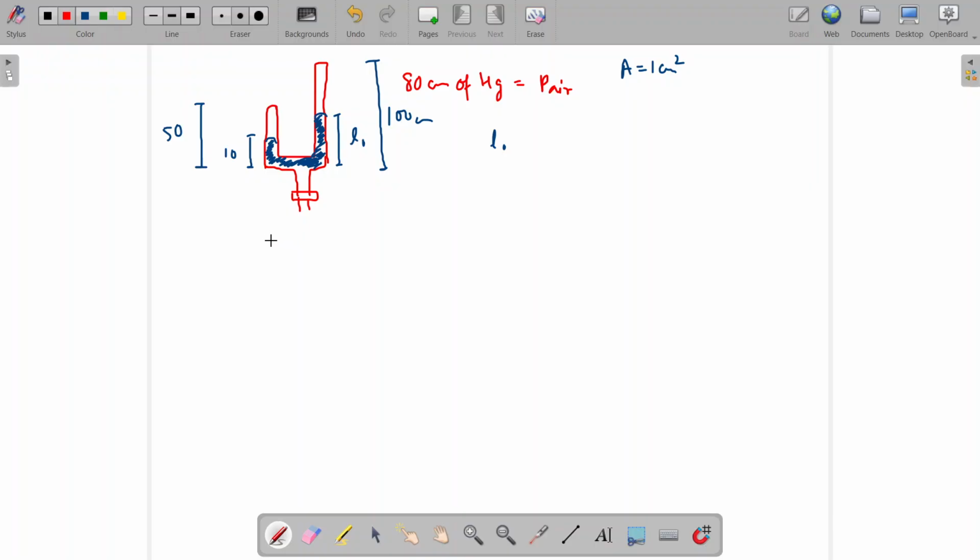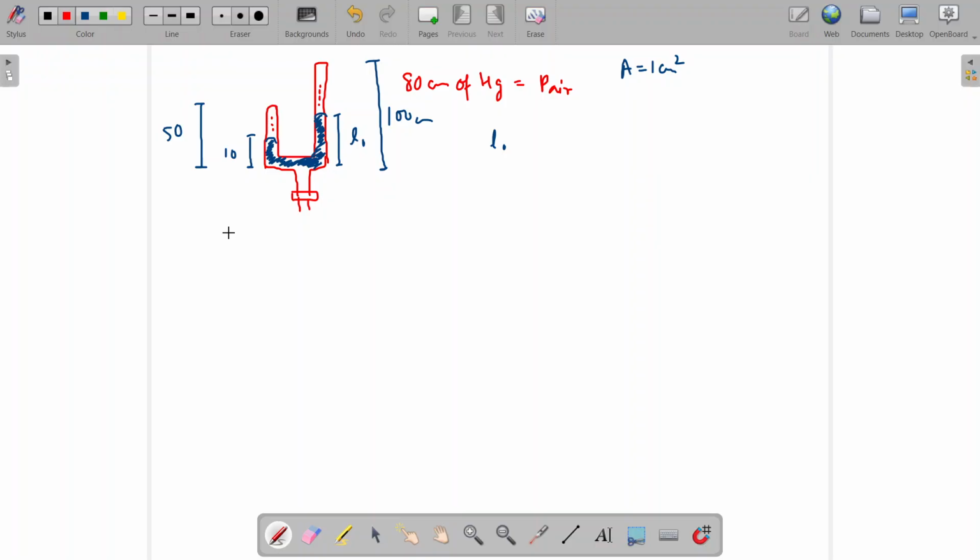Basically, first of all, we'll assume what kind of process is taking place with the air present inside the manometer tubes. The process going on inside is an isothermal process. Initially we have air at 80 centimeter of mercury.